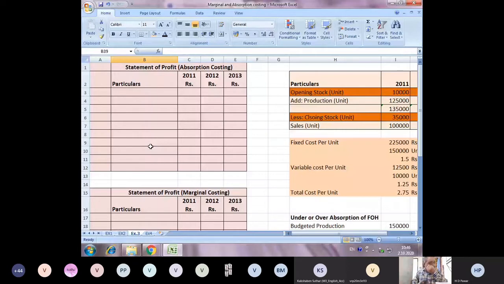Okay, so this is the example. Hope you have read the example carefully. Now we go for the solution of it.